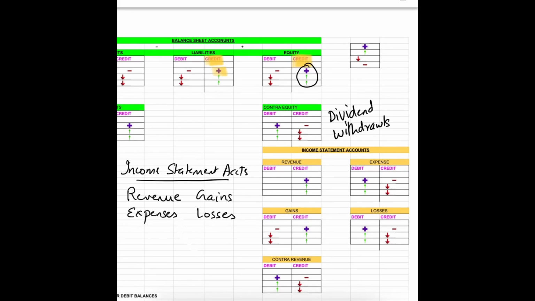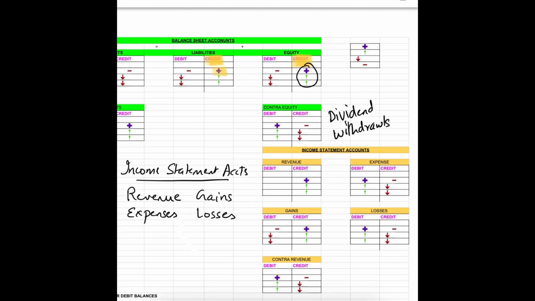Okay. Now, why does the information from the income statement flow into the balance sheet account equity? Because income statement accounts are temporary accounts. The income statement accounts are closed to the stockholder equity account, which is a balance sheet account. These accounts will begin each year with a zero balance.